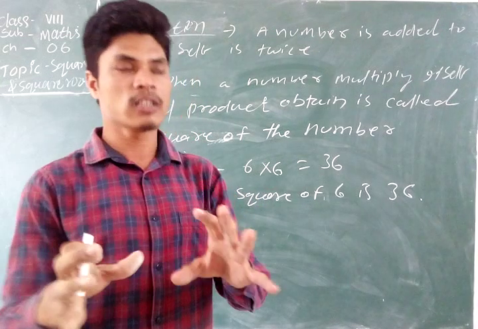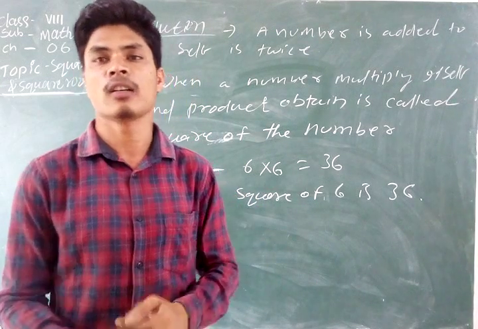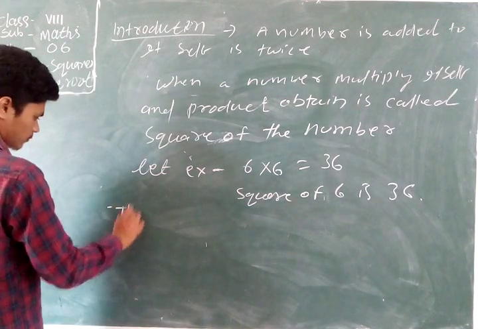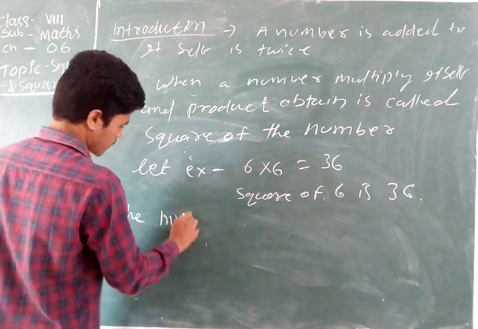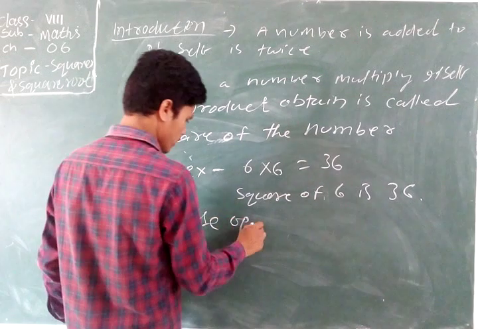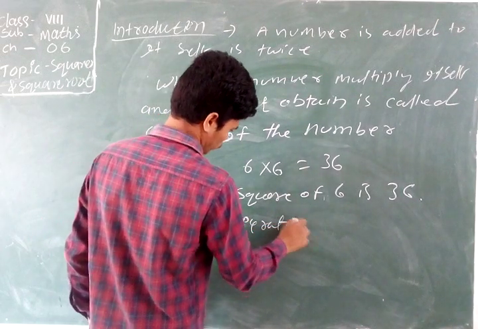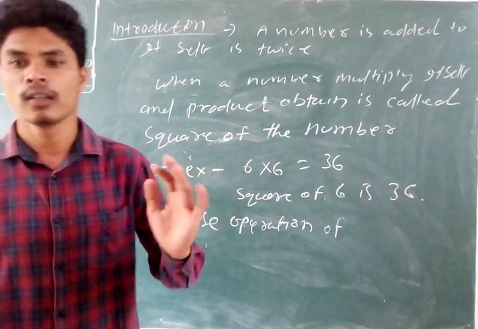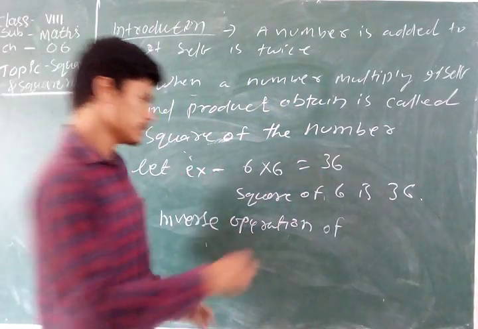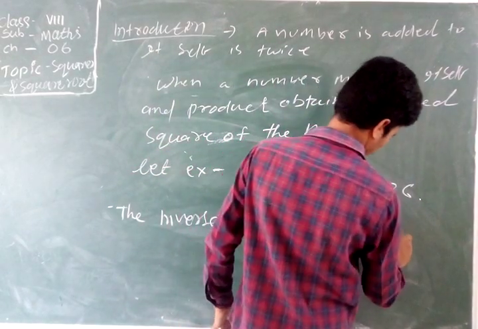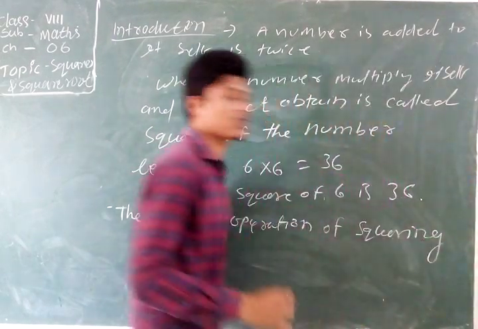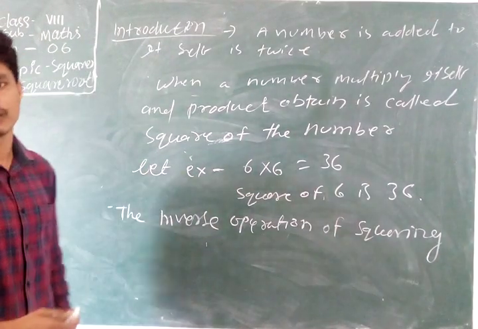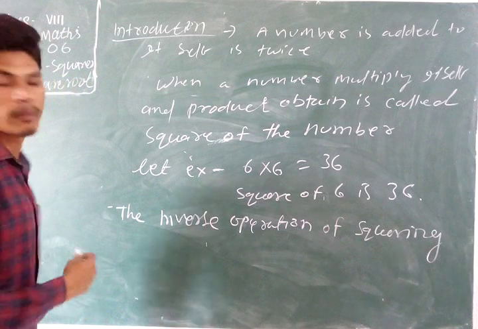The inverse operation of squaring is called finding the square root.